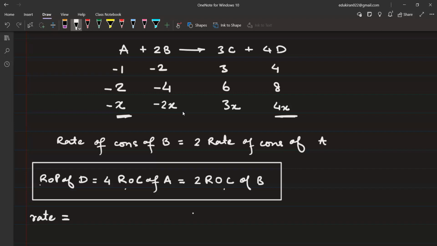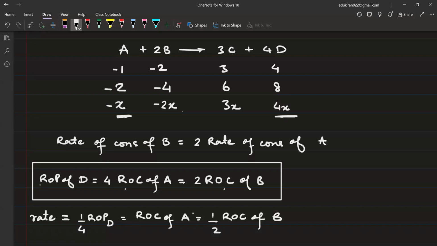So what I will get here is 1 by 4 ROP of B is equal to 4 by 4 will be 1 ROC of A, and 2 by 4 will be 1 by 2 ROC of B.